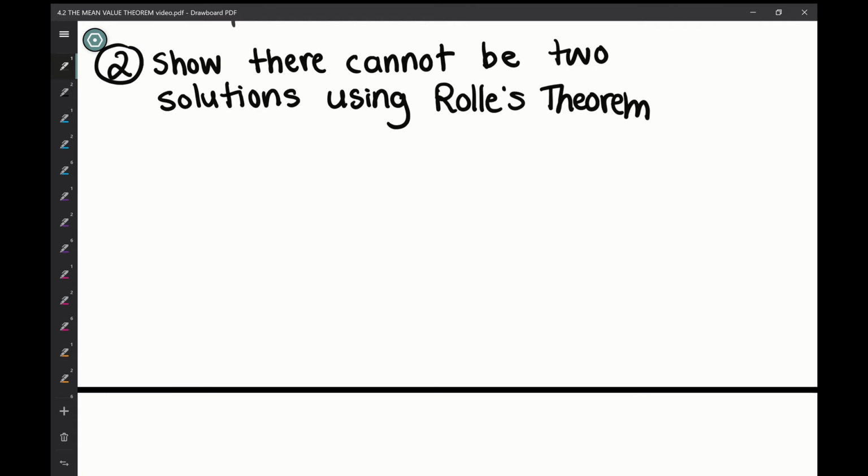Okay, so this is going to be something called a proof by contradiction. So we'll suppose something is true, and then we're going to show that that leads to something that is false, which means that the original thing we said was true can't be true.